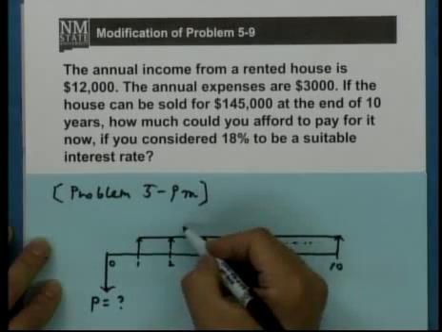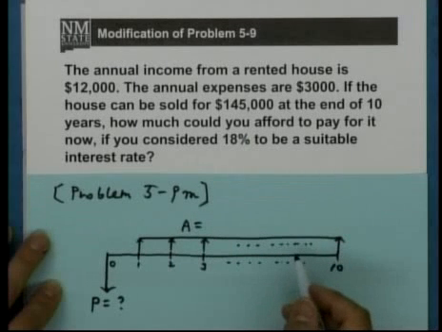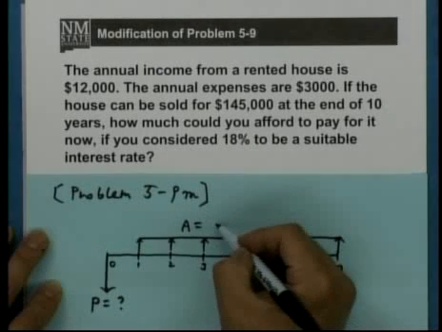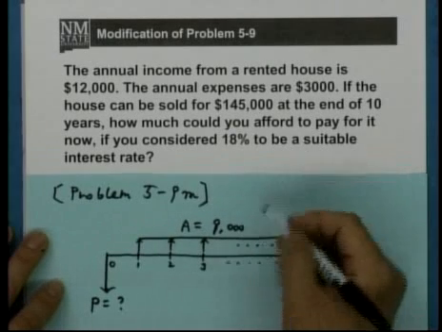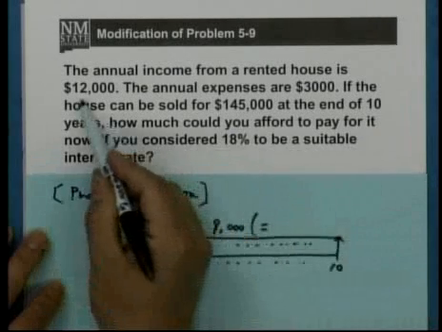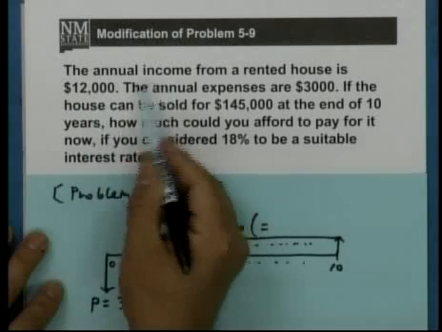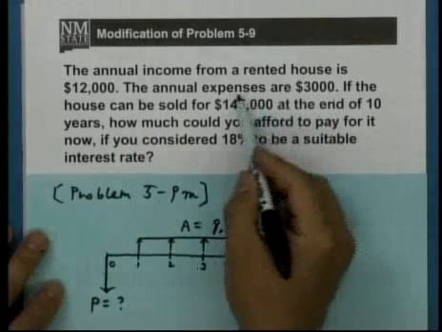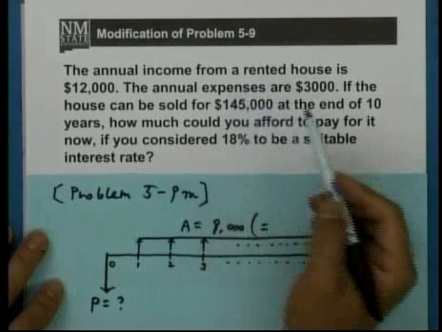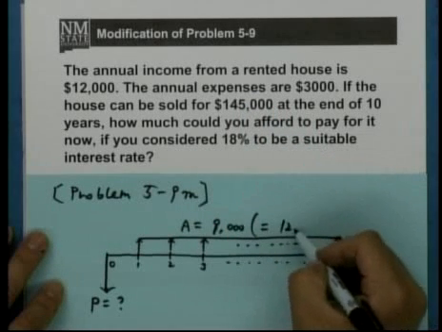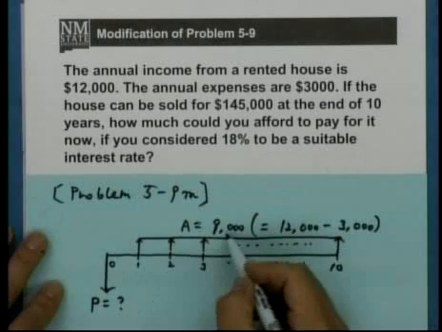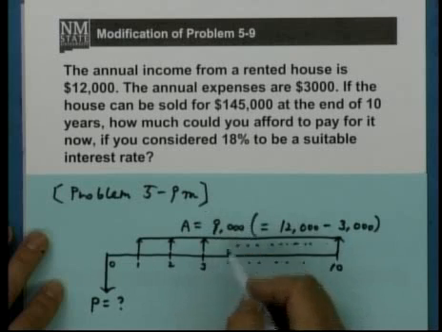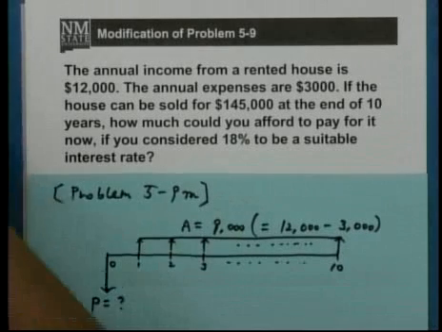Of how much? So it looks like each year you have a profit of $9,000. How did you get $9,000 here? Here, $12,000 of income minus $3,000 of expenses each year, right? So 12,000 minus 3,000. That becomes the $9,000. Okay.